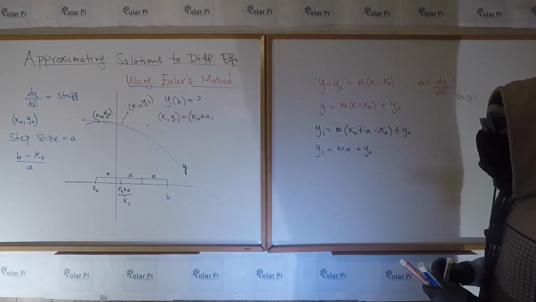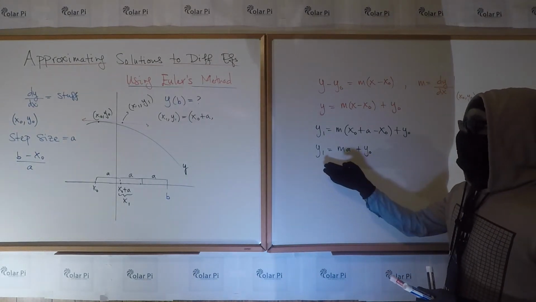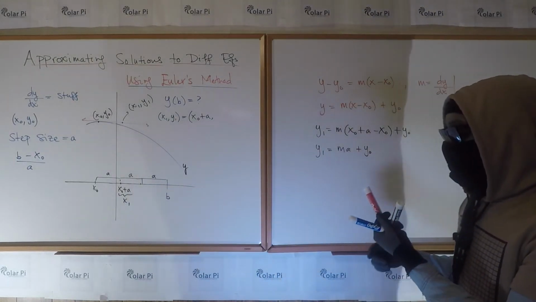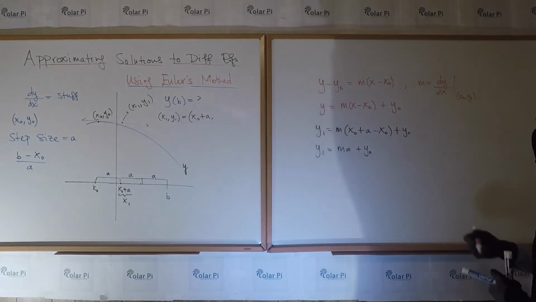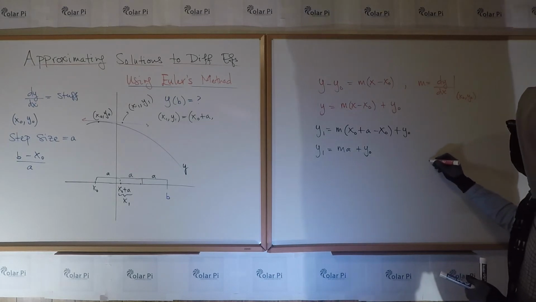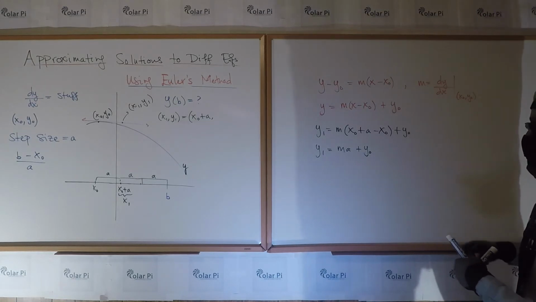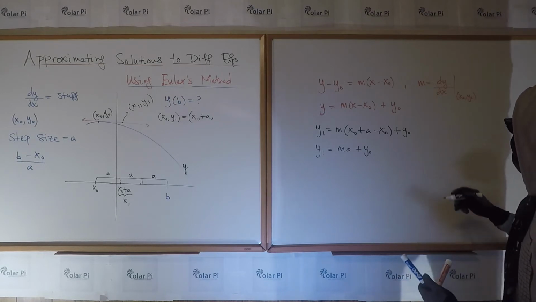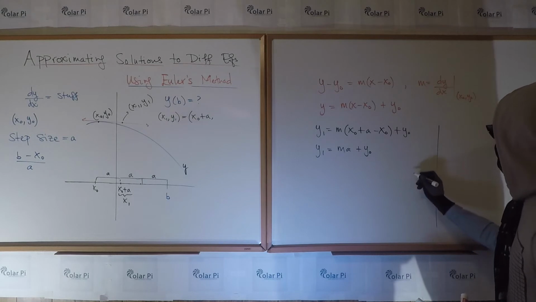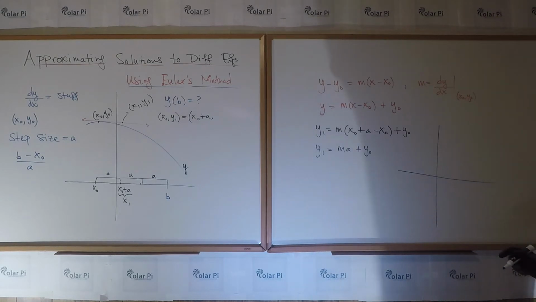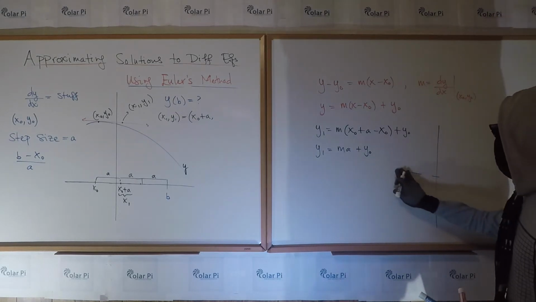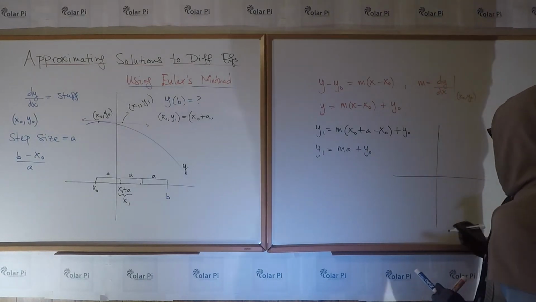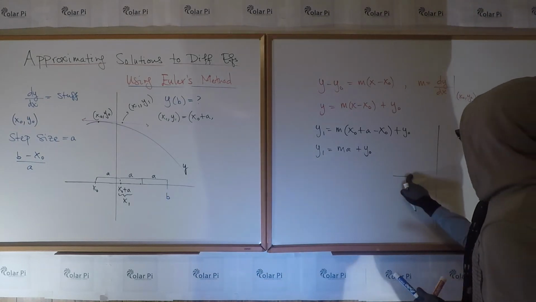Now, to easily understand why y1 has got to be this, just like how you easily understood x1 has got to be that, let's draw a line that goes through the origin, so that it's easy to understand what's going on.